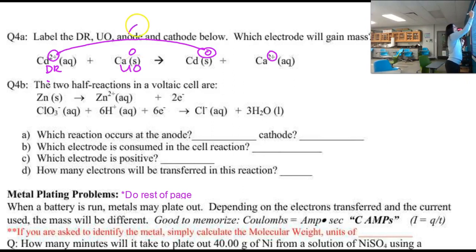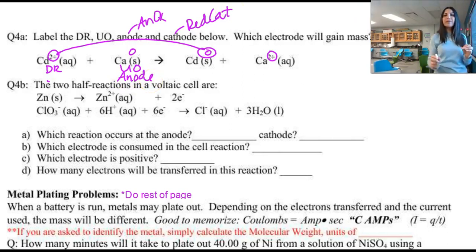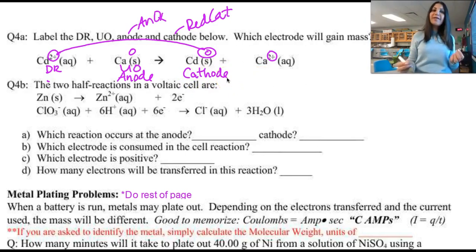Remember, it's an ox, and it's a red cat. So that means that here is my anode, and it should be a solid, by the way. If that's my anode, then this over here, cadmium, must be my cathode. You do usually want to label the metal as your anode and your cathode.